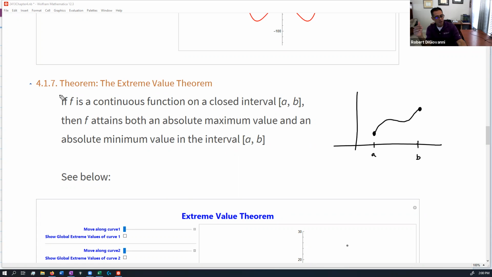That's what the first condition is. If you have that happening, continuous function, closed interval, then the function attains both an absolute maximum value and an absolute minimum value somewhere. Somewhere in that interval, it has to hit a highest point and it has to hit a lowest point. That's what it's saying. Does that seem reasonable to you?